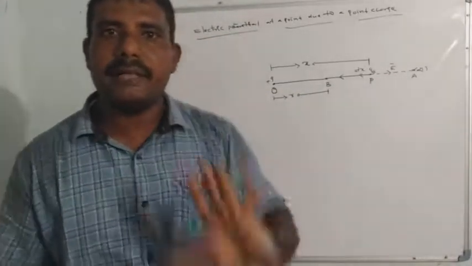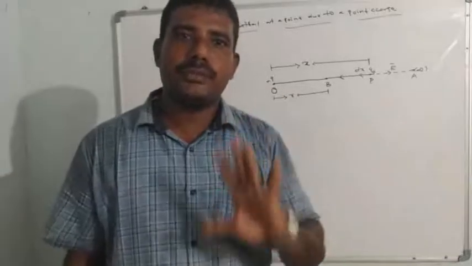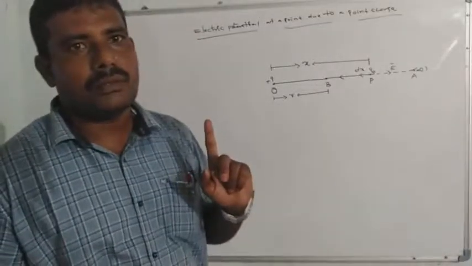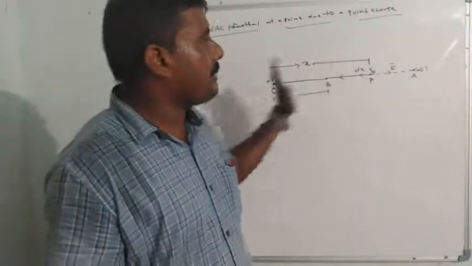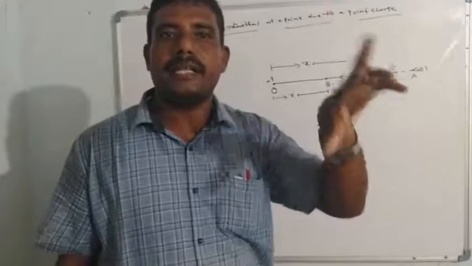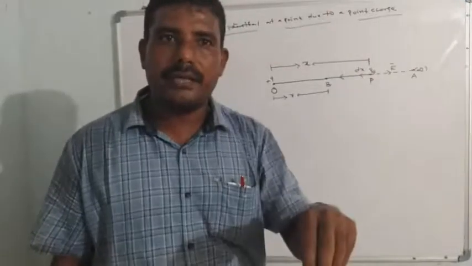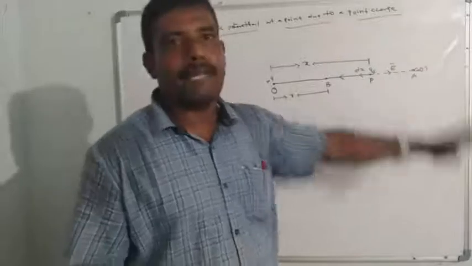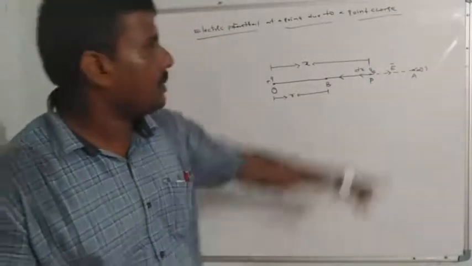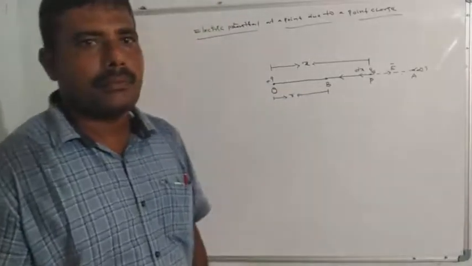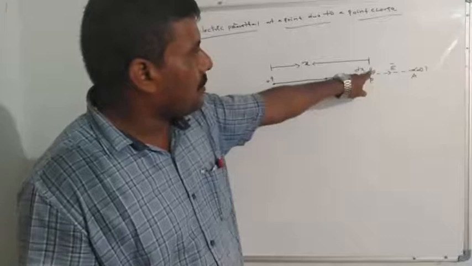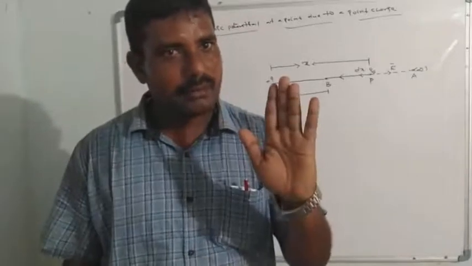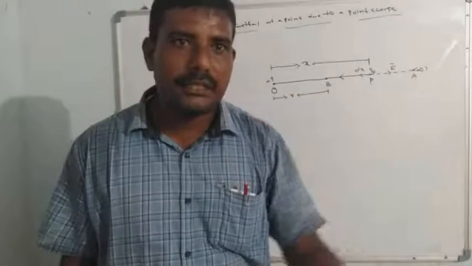Due to the positive charge, the intensity of electric field is in the direction from O to A, O to capital A. The test charge Q naught is moving opposite to the field direction.